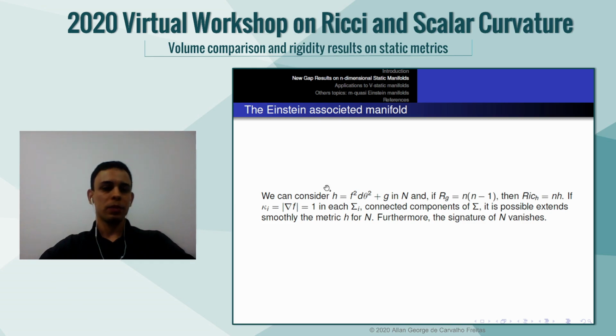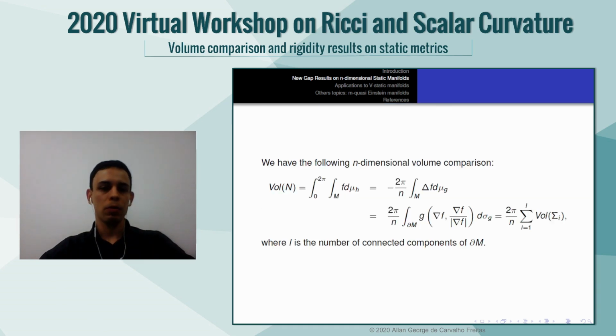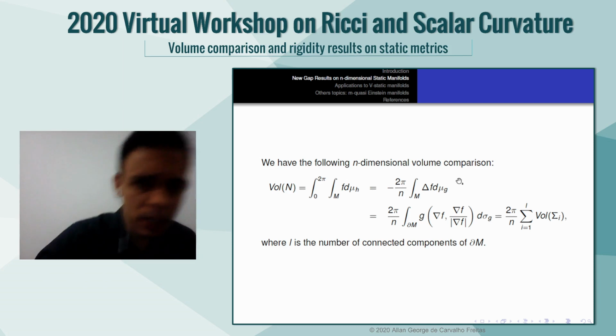Furthermore, using a Fubini type argument, we can compare the volume of this Einstein manifold and the volume of the boundary of the initial static manifold, following these steps. The volume by a Fubini type argument is equal to this. This is equal to this by the static equation, if you trace the static equation.